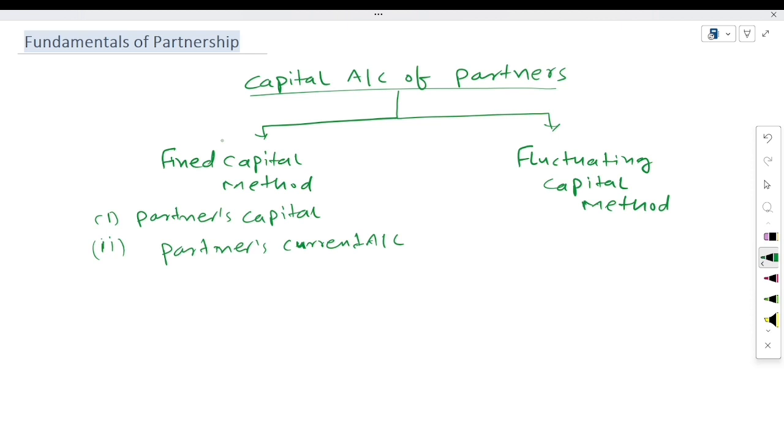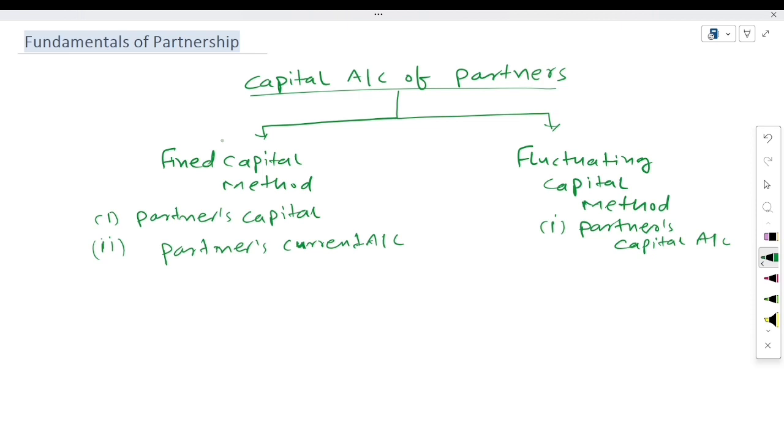Here two types of account we will prepare. But under the fluctuating capital method, we will prepare only a single account, which is the partners' capital account.